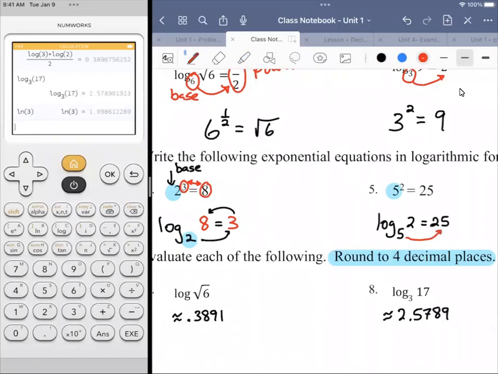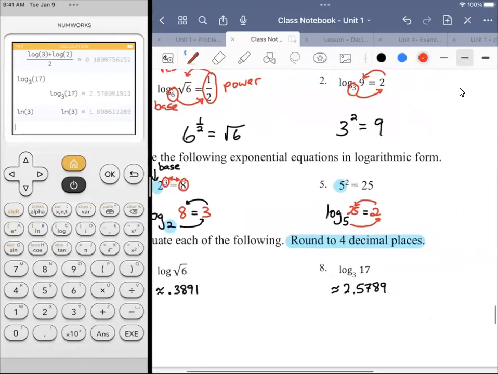So then you'd realize it and say, okay, it must be the other way around. The 25 here and the 2 there. And now when you check it, 5 to the 2nd equals 25.